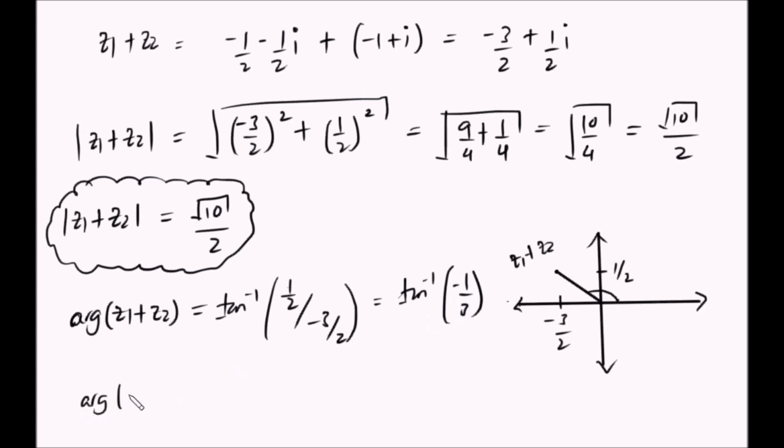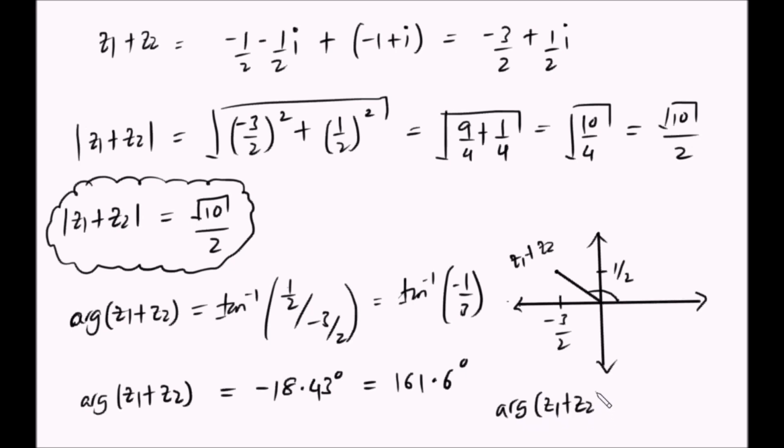You're going to get the argument of z1 plus z2 is equal to -18.43 degrees, which is also equal to, if you add 180, 161.6 degrees. So the argument now, I prefer to write the positive value, is 161.6 degrees. So this is the argument of z1 plus z2.